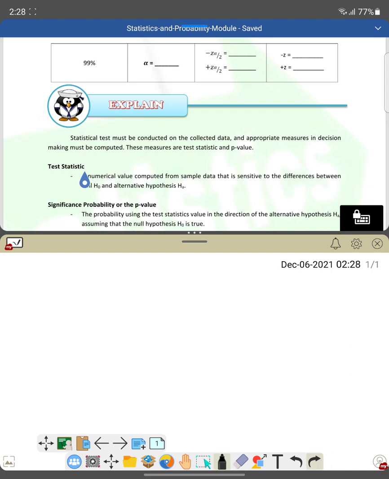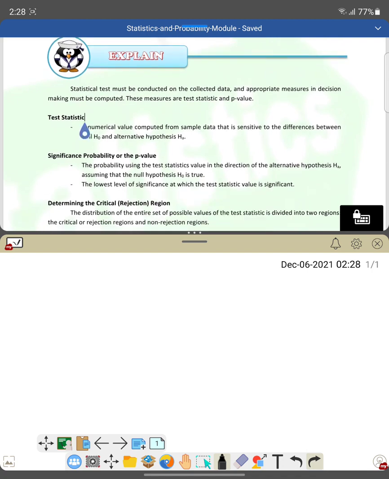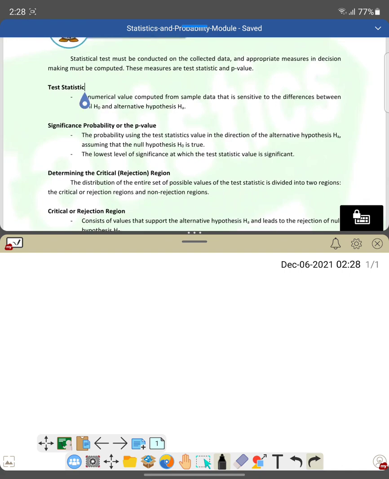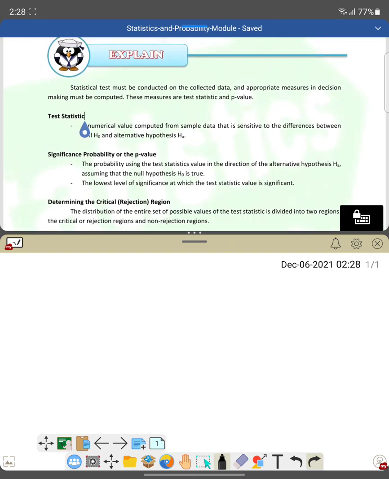As you remember, we have here the word test statistics. So let us first define what test statistics is. It is a numerical value computed from sample data that is sensitive to the differences between a null hypothesis and an alternative hypothesis.